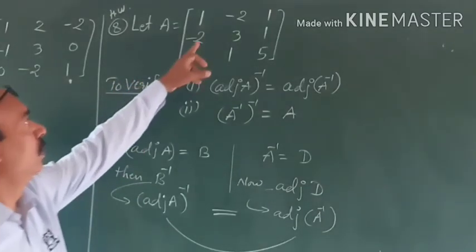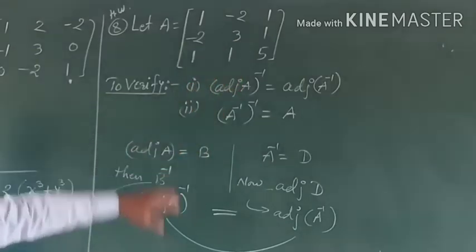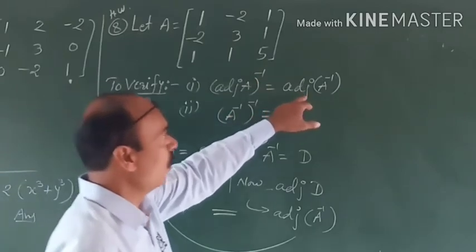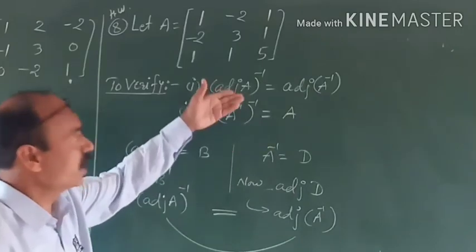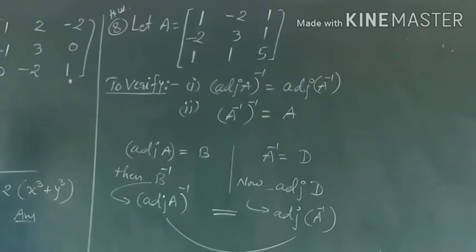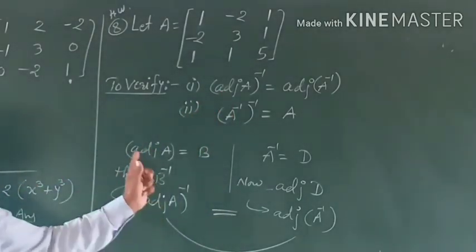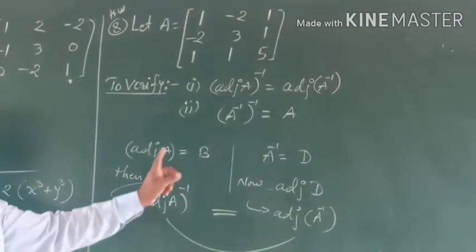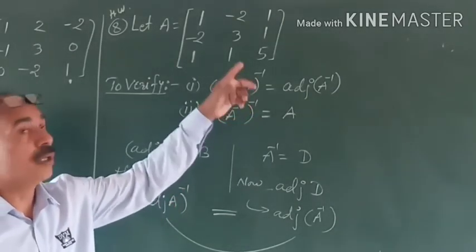Same as one more question, question number 8. Matrix A is given 1 minus 2 1, minus 2 3 1, 1 1 and 5, and verify that adjoint of A whole inverse is equal to adjoint of A inverse, and second, A inverse and once again inverse is equal to A. So in the first case, first you find adjoint of A and call it B. Suppose this is matrix B, and after that find B inverse, because you have to find adjoint of A whole inverse.